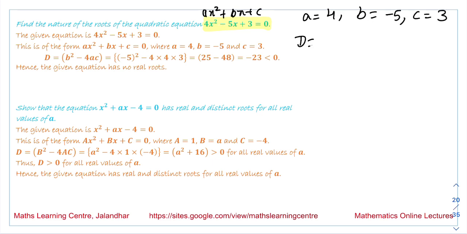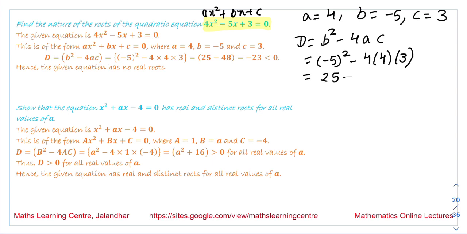So the value of the discriminant is b square minus 4ac, that is minus 5 square minus 4 into 4 into 3. So this is 25 minus 48, that is equal to minus 23, and this value is less than 0. So we are saying that this equation has no real roots.